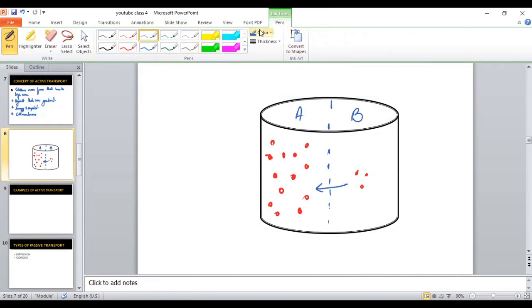And for this, we need energy, in the form of ATP. What is ATP? ATP is adenosine triphosphate and is the energy currency in our body. So during respiration, when energy is generated, this energy is also utilized for active transport.